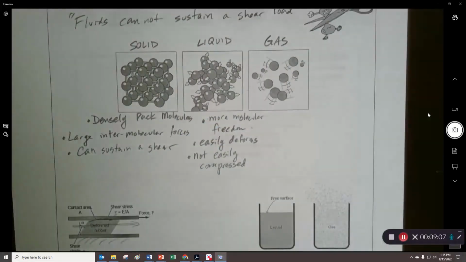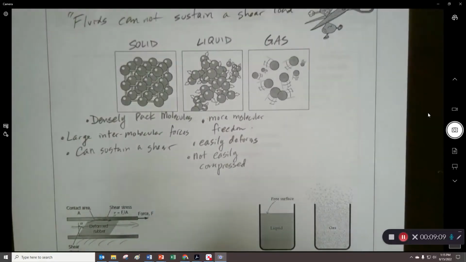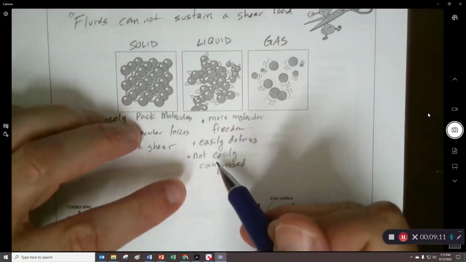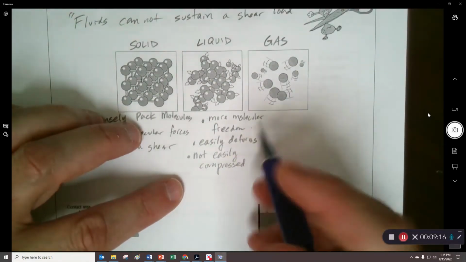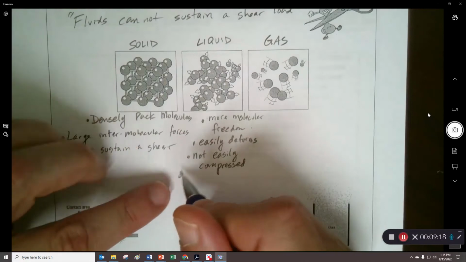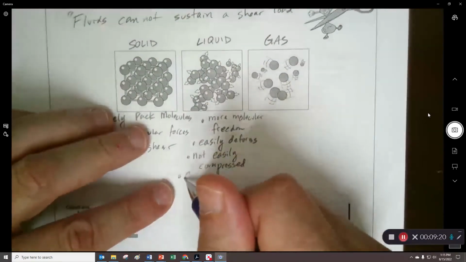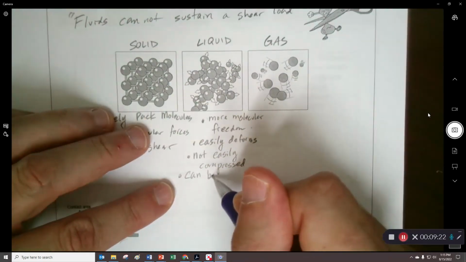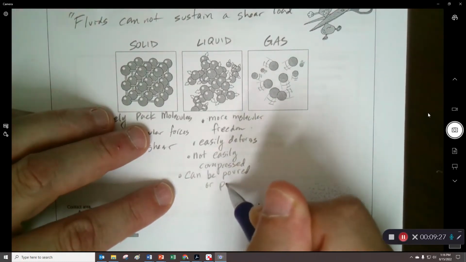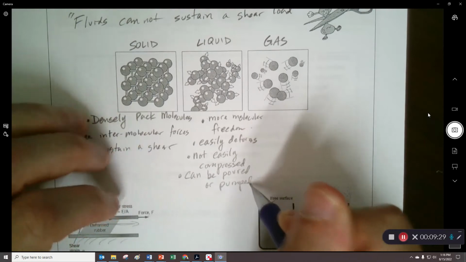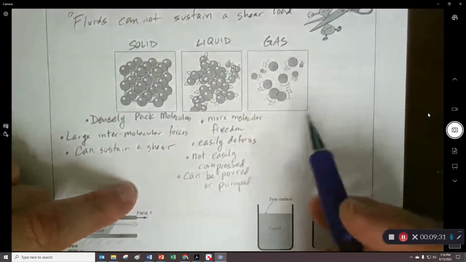It can compress, but we can basically consider it incompressible for the most part. One thing about a liquid that's different from all the others: it can be poured or pumped. And you can't say that about either a solid or a gas.